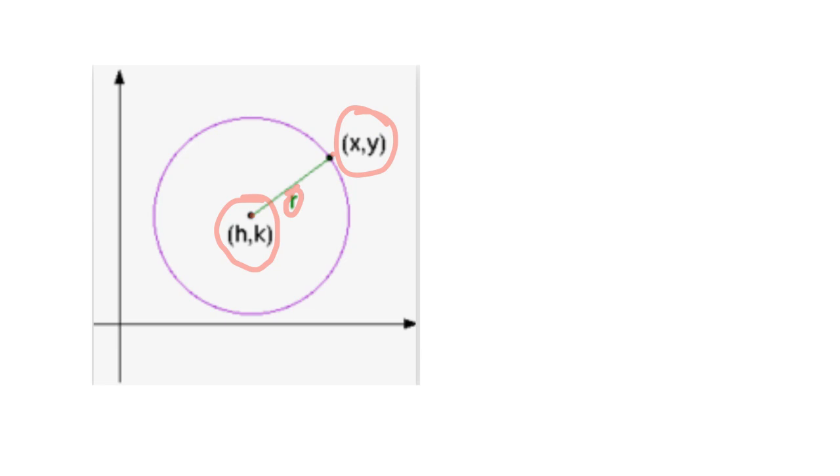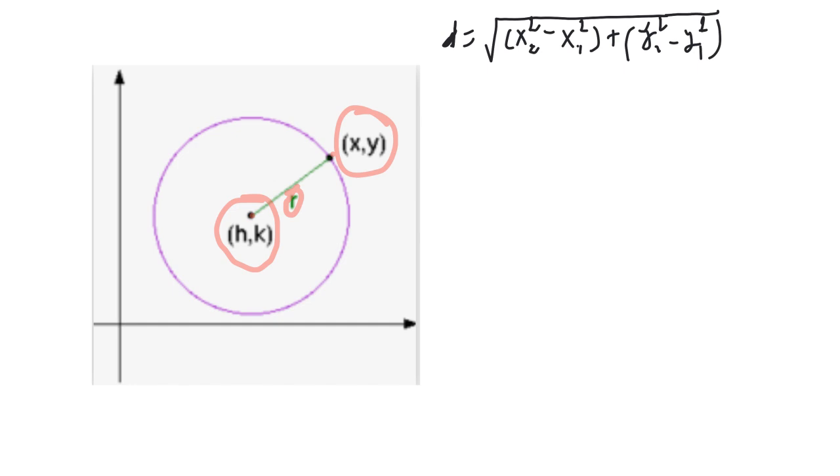Now we're going to use the distance formula to develop an equation for this circle. The distance formula is d equal to the square root of x2 squared minus x1 squared plus y2 squared minus y1 squared.